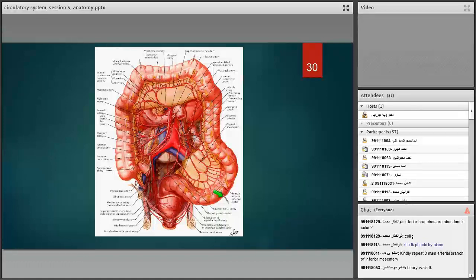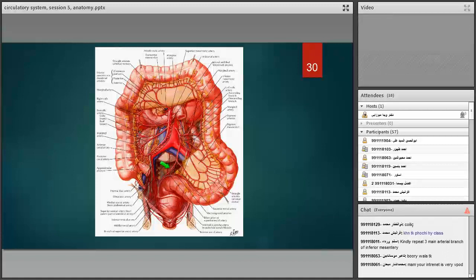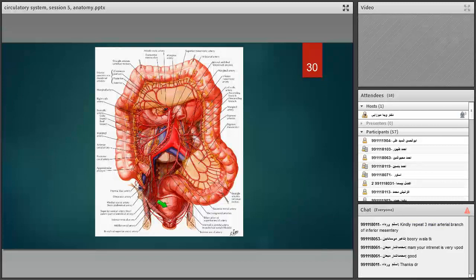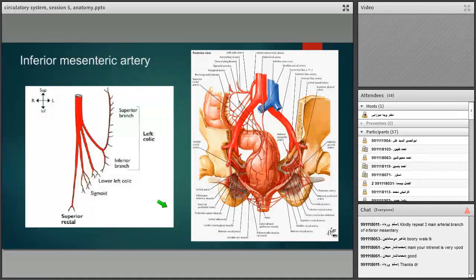Sigmoidal branches for the sigmoid part of the colon. And superior rectal is for the upper parts of the rectum. These are the three branches of the inferior mesenteric artery.